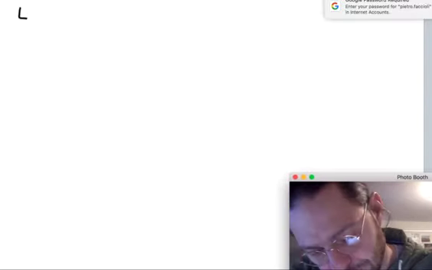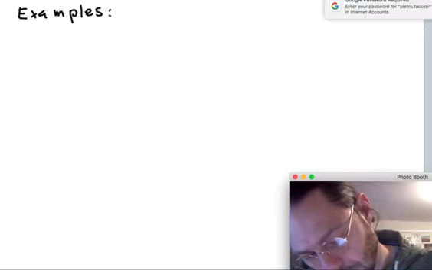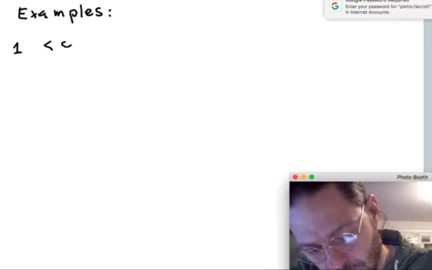So examples. Well, the simplest case is, of course, the magnetization.